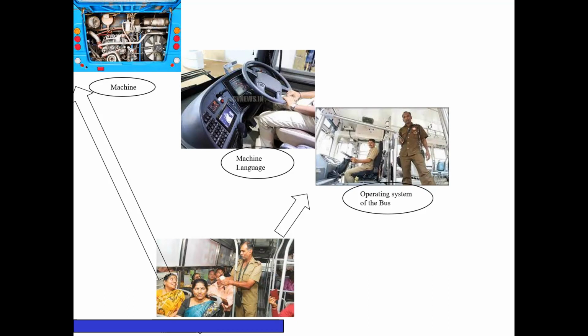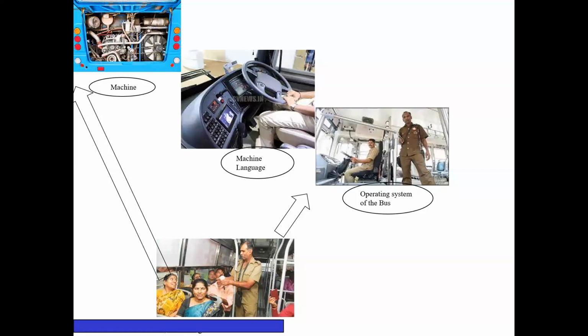This is similar to the assembly language of computer programming, giving instructions in a coded form. You communicate to the conductor in the form of a high-level language, and the conductor communicates to the driver in a coded form. In computer science, we call it assembly language.